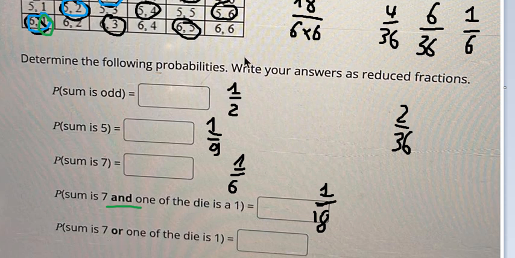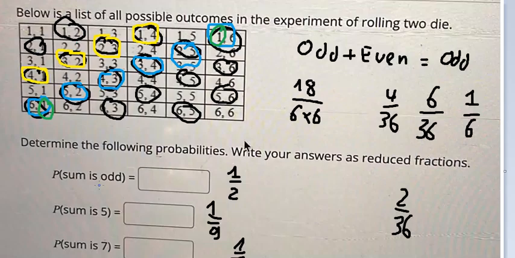And the next one, that is about "or". That means the sum is number 7 or one of the dice is number 1. So we have the die of number 1 go in here, and this one go in here.